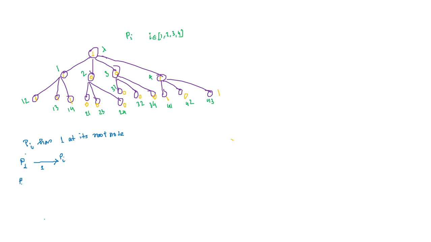What else? P2 has told Pi that its root node value is 0. P3 has told Pi that its root node value is 0, and P4 has told Pi, we don't know what Pi is, but from the EIG tree we can say that P4 has said to Pi that my root node value is 1. So any one of them can be lying, at most one of them will be lying.